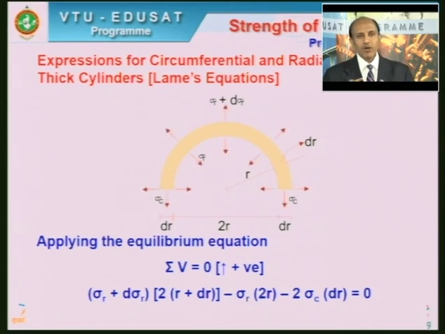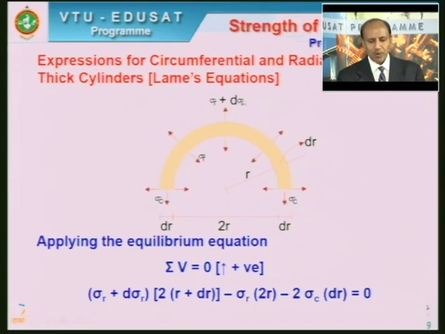Here we have two pressures acting on the curved surface. The first one is sigma r plus d sigma r. Please understand, we take the intensity of the pressure and multiply by the projected area.